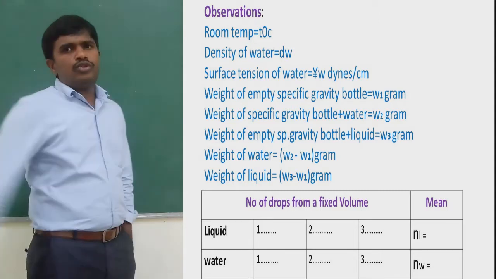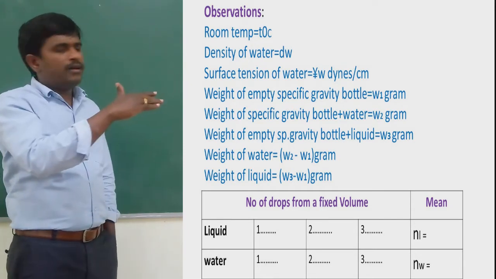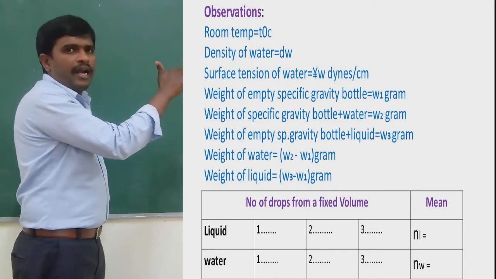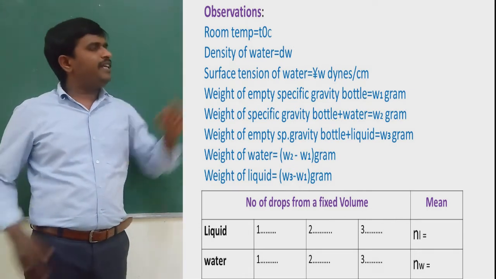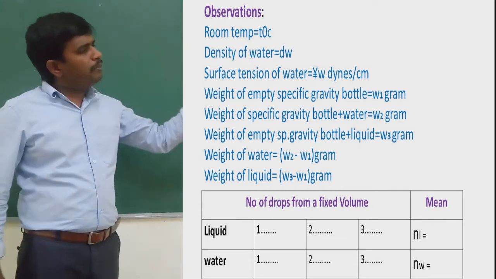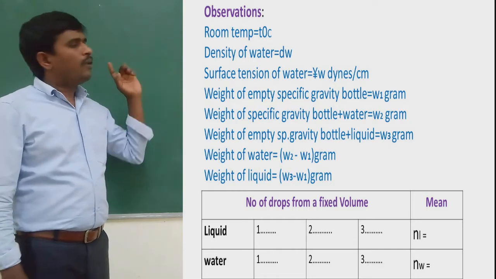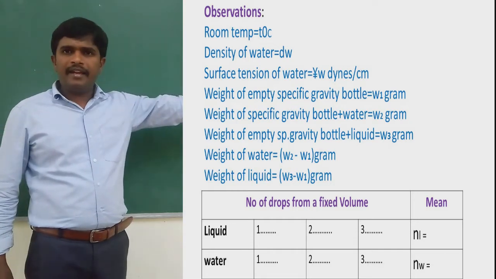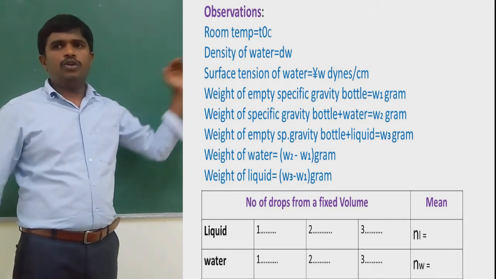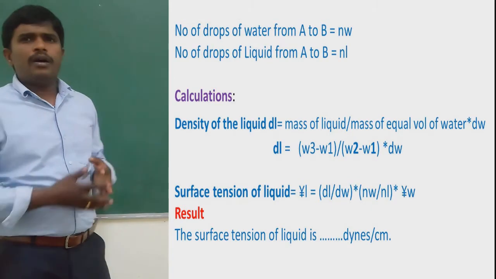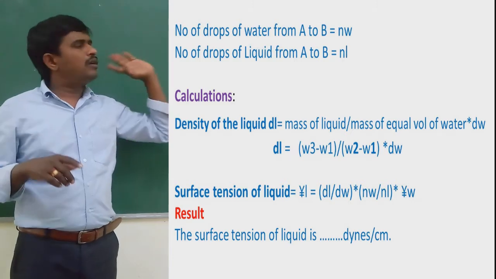This tabular column shows the number of drops from a fixed volume for the liquid and for water. From these three readings, we have to take the mean of the readings for the liquid as well as the water. So for the liquid it is NL and for water it is NW. The number of drops of water from A to B is NW.